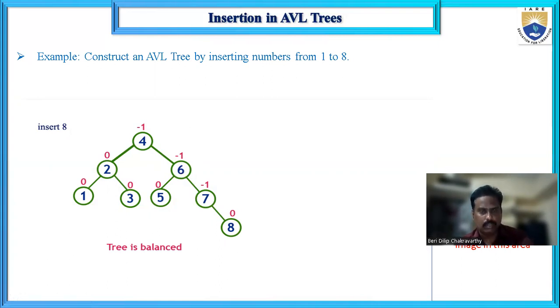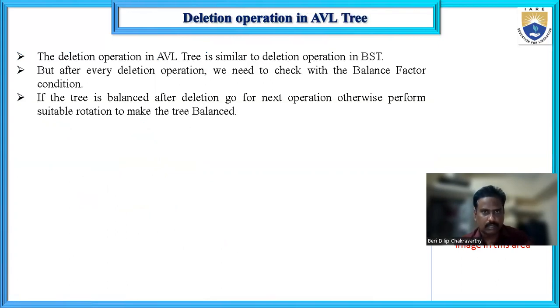I need to insert the elements like this. Then the deletion operation in AVL. So far we discussed how to search an element in an AVL tree, which is the same as in a binary search tree.